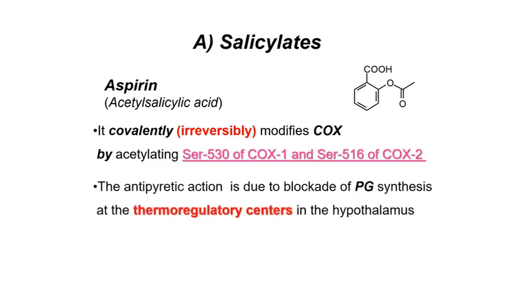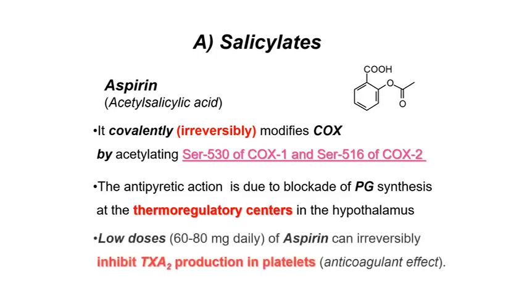Acting on the thermoregulatory centers in the hypothalamus, aspirin has an antipyretic effect by blockade of prostaglandin synthesis. Low doses of aspirin are used to inhibit thromboxane production in platelets, so aspirin has an anticoagulant effect in low doses of 60 to 80 milligrams per day.